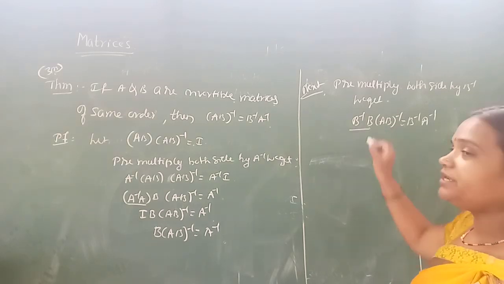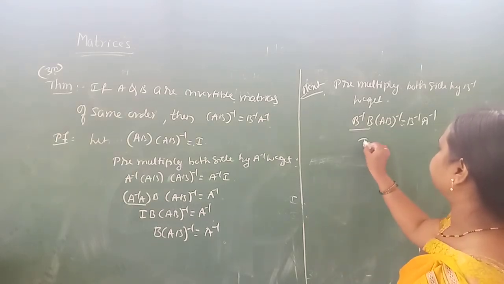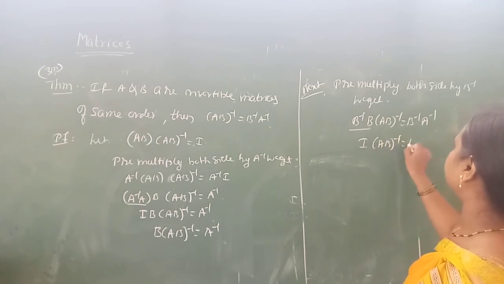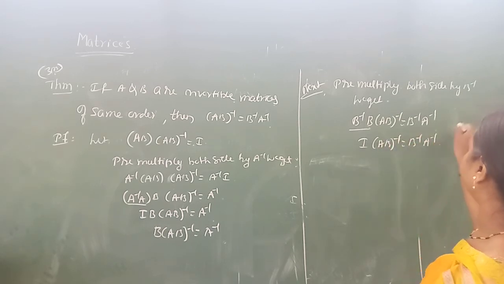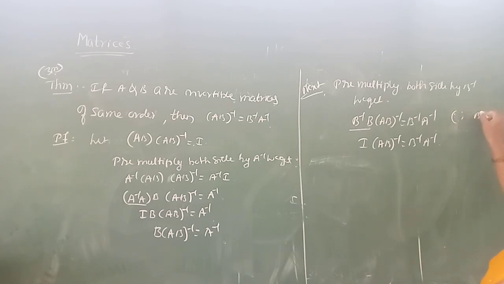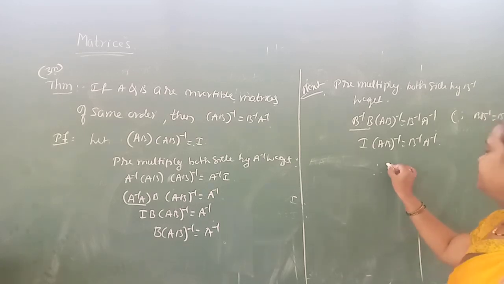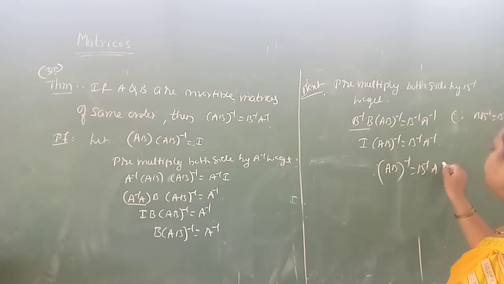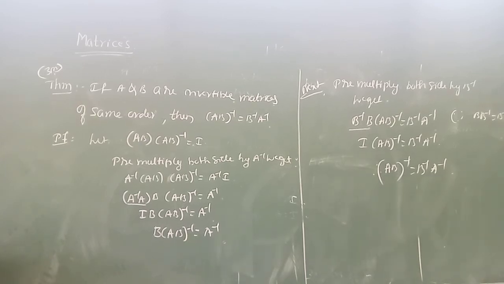B inverse into B means what? I. Just now I mentioned. Therefore, the inverse of AB is B inverse A inverse. Because you know that B inverse into B or BB inverse is I. Therefore, we can write the inverse of AB is B inverse A inverse. Okay, are you understood? Very, very important. Repeatedly asked in the exam.